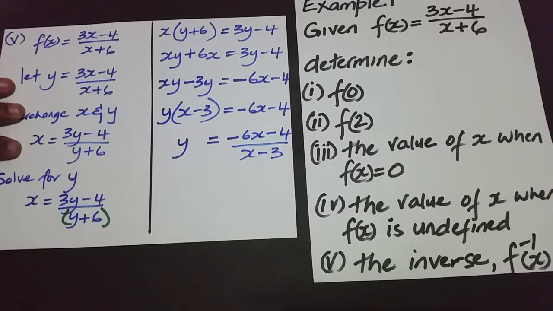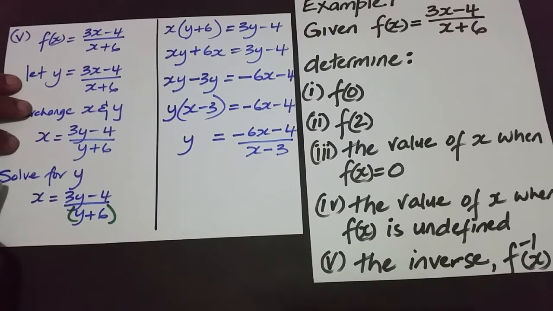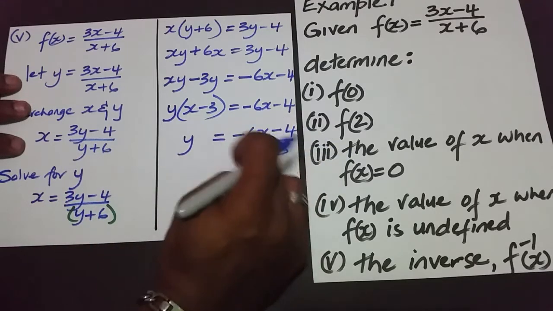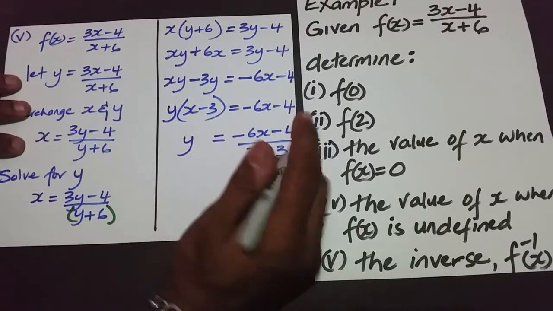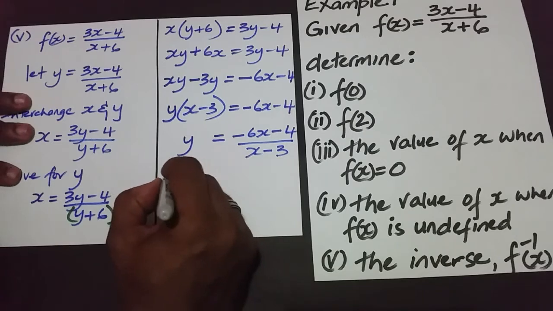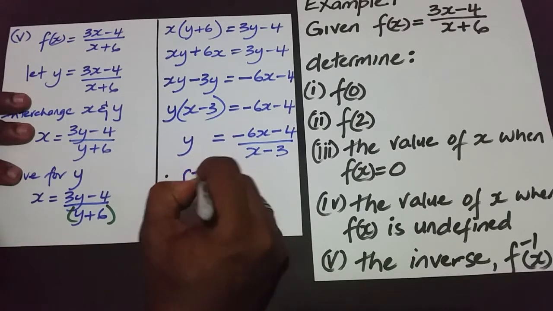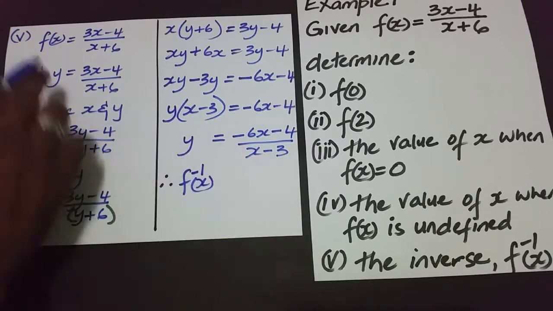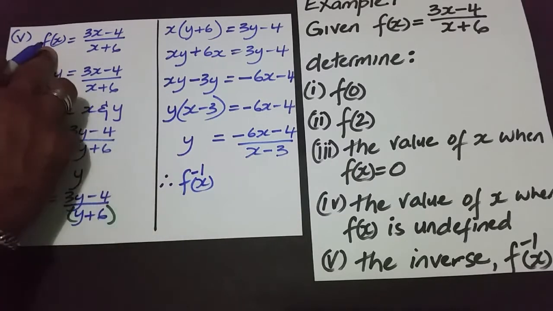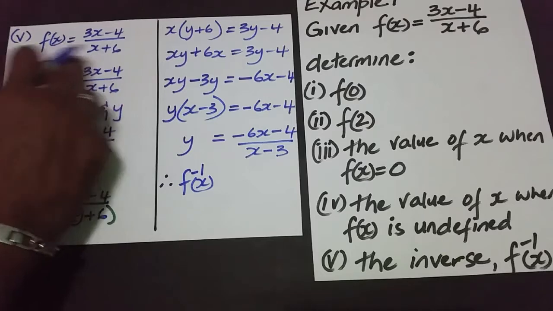And seeing that we've now found what y is equal to, which means we've solved for y, we clearly know what the inverse is, because whatever y is equal to, that essentially is the inverse. So therefore, the inverse of f(x), remember, is different from f(x). f(x) was the original function.